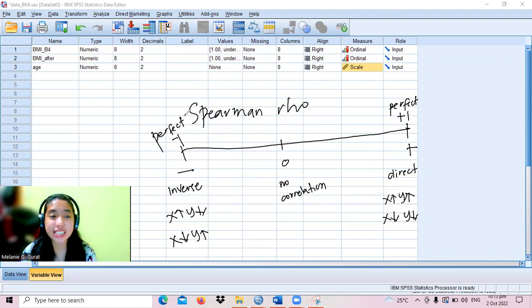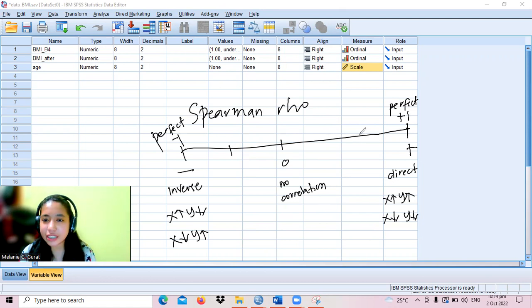Obviously, the strength of a -1 is the same as the strength of a +1, except that the type of correlation is not the same. If it's negative, it just indicates the type of correlation, which is an inverse correlation. If it is positive, it means that there is a positive correlation.